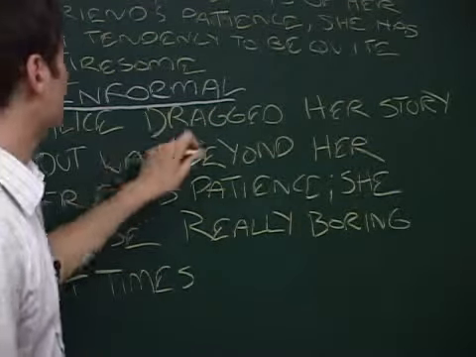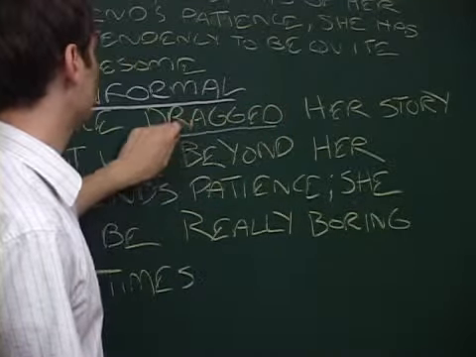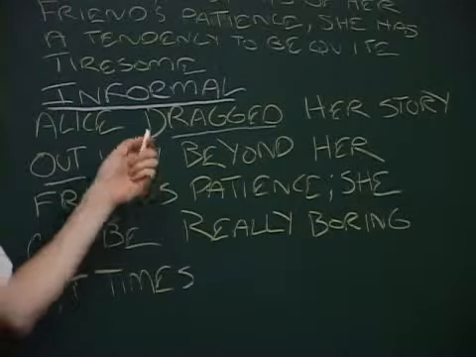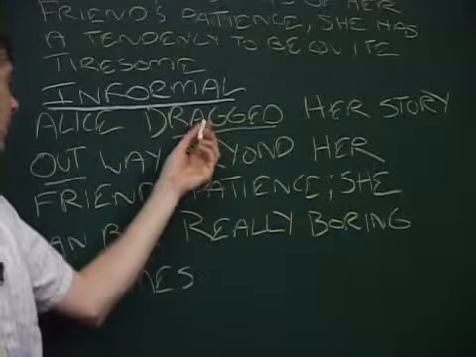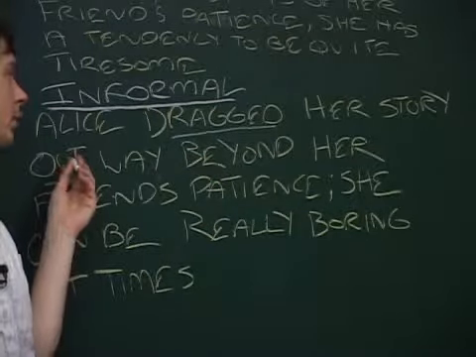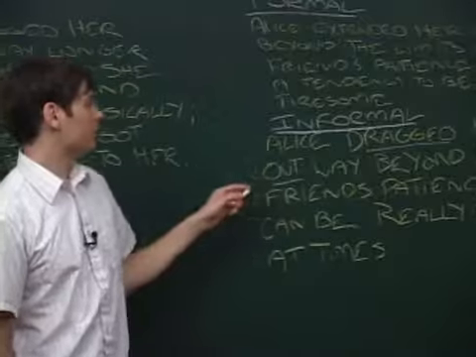So what you'll notice here is an idiom right here: dragged her story out. Idioms often are when you take a verb and add on a preposition, you create a new meaning with it, and you get an idiomatic expression. So that's our first thing here.